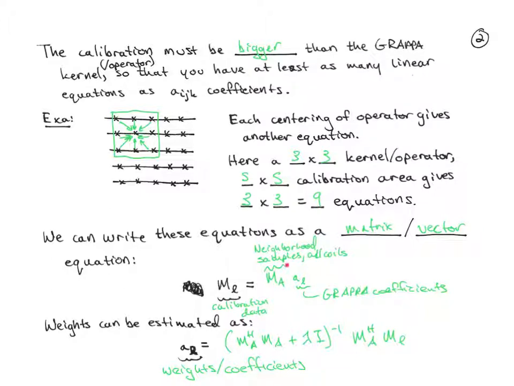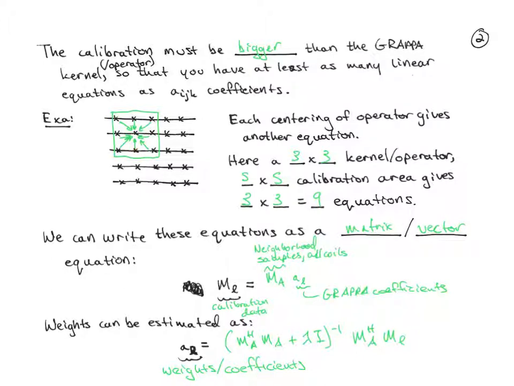This is going to be a tall, skinny matrix which has as many columns as the number of coefficients. In the system of equations up here, you would have 9 coefficients, so this would be a vector of length 9, and this would be a matrix with 9 columns, and also 9 rows.